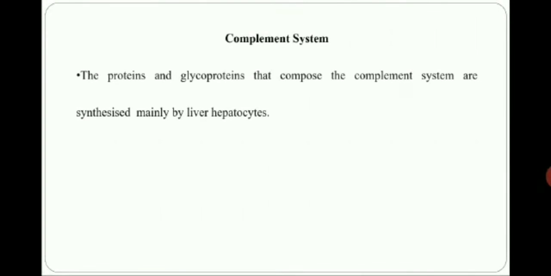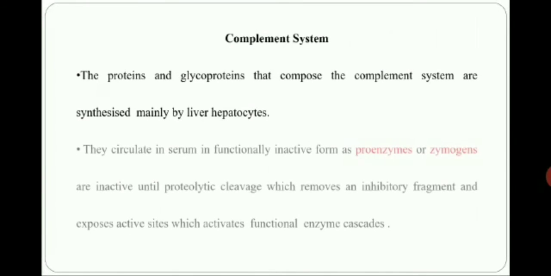Complement system. The complement system mainly consists of proteins and glycoproteins. The components of the complement system are mainly synthesized by liver hepatocytes. They circulate in serum in a functionally inactive form as proenzymes or zymogens, and they are inactive until they undergo proteolytic cleavage.